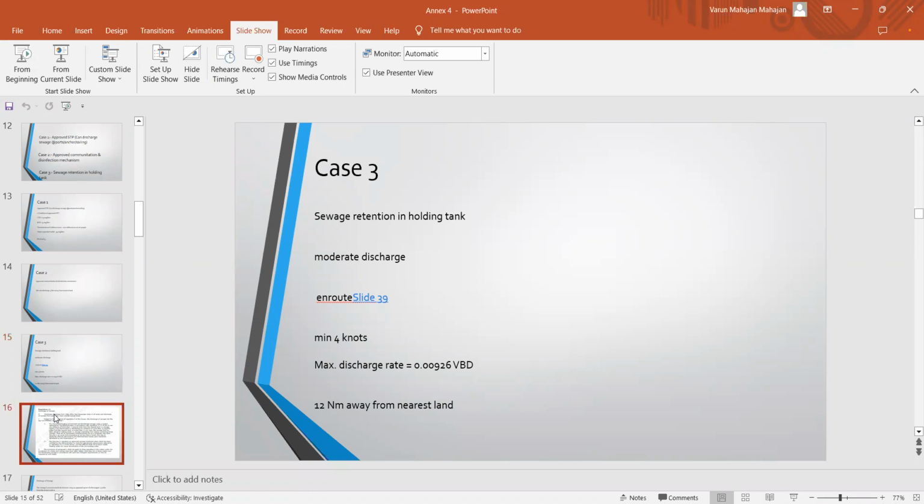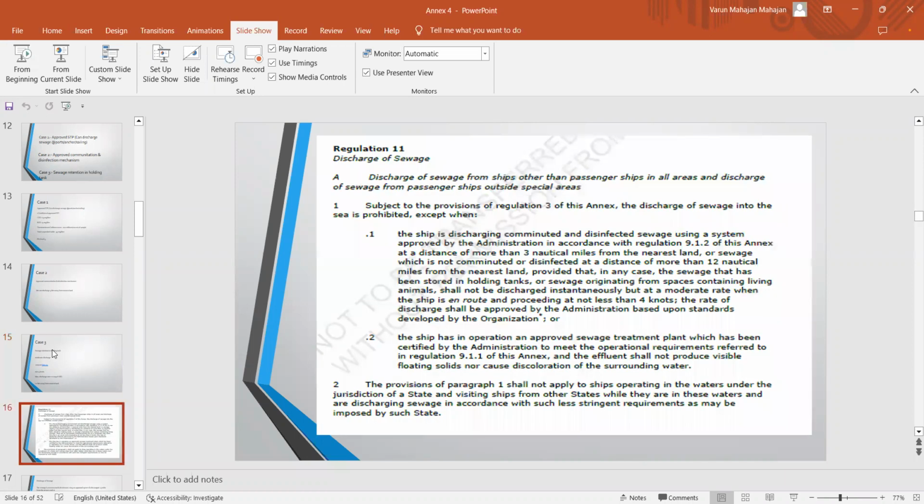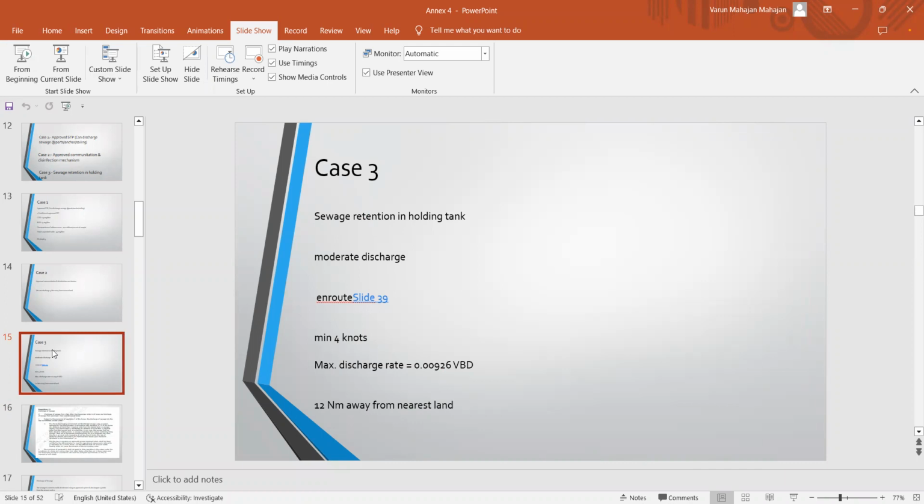Holding tank means, if we don't have a sewage treatment plant, then without treatment we put it in the holding tank. There can be two cases. You may not have a sewage treatment plant, or even if you have one, you keep a holding tank because of some local regulation you cannot discharge your sewage overboard, so you have to keep it in the holding tank.